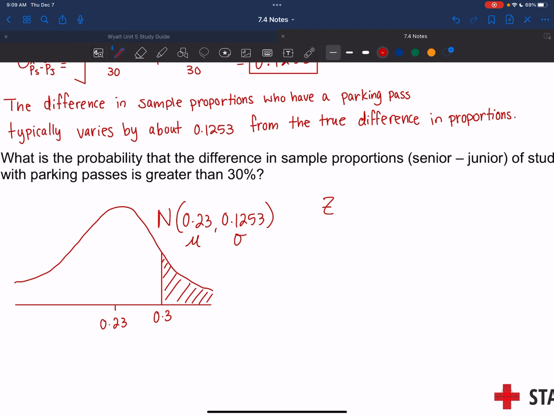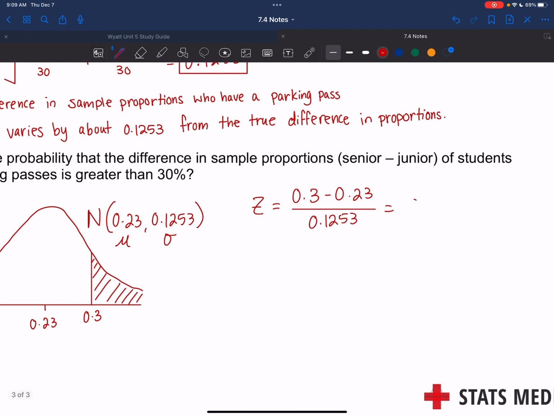So z is going to equal 0.3 minus 0.23 divided by 0.1253. So we're going to get a z-score of 0.56. And because we're measuring at and above, we're going to have to do 1 minus when we calculate our p-value.